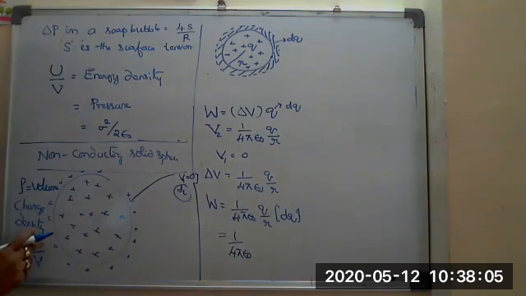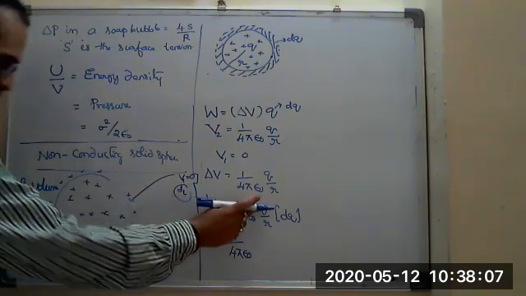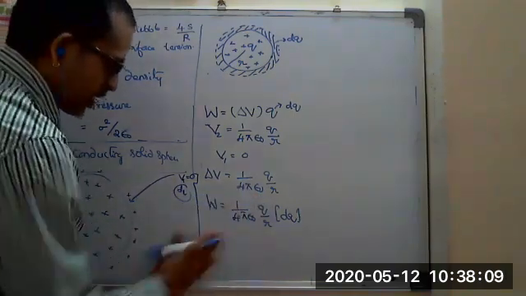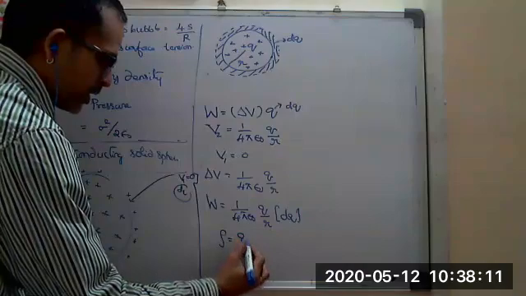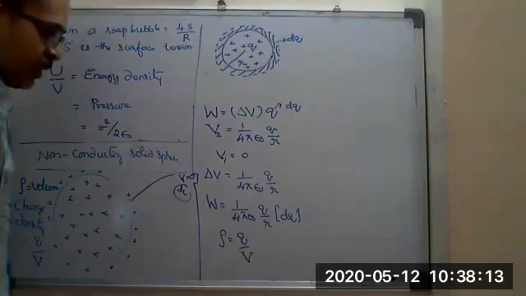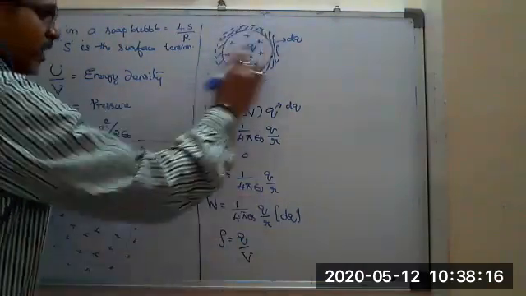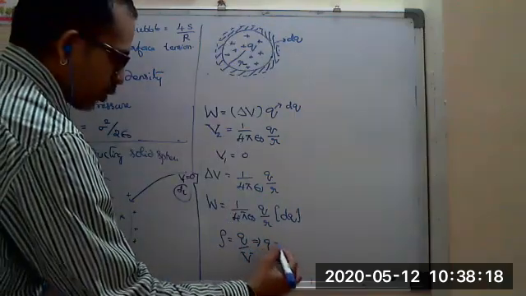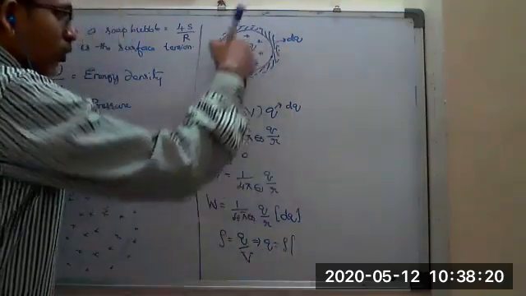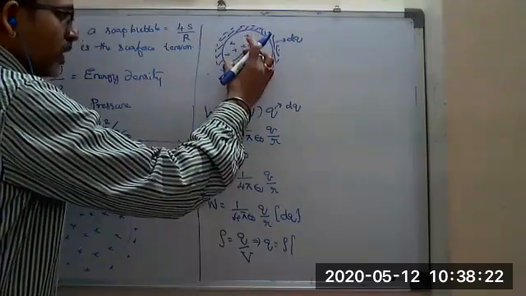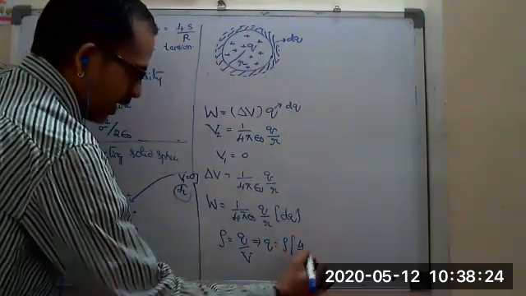Q is equal to the existing charge. First I write from the formula rho is equal to Q by volume. Q inside this part is rho into its volume. Volume of the solid sphere is 4 by 3 pi R cubed.